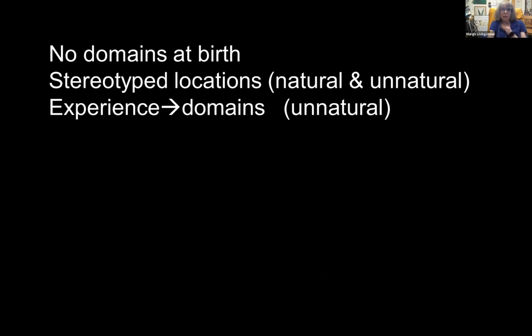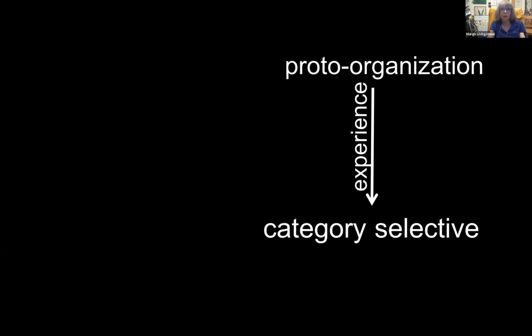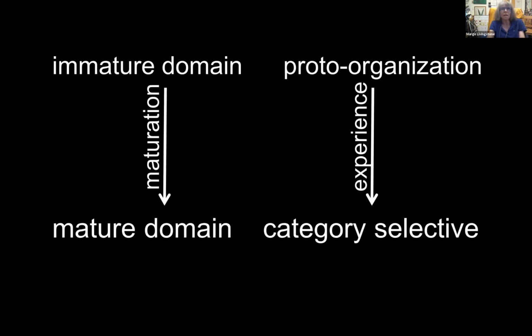The fact that domains are absent at birth, the stereotyped locations of domains, and the fact that experience can cause the formation of unnatural domains implies some kind of proto-organization that experience acts on to cause the formation of these domains. But another possibility is that domains just need to mature.